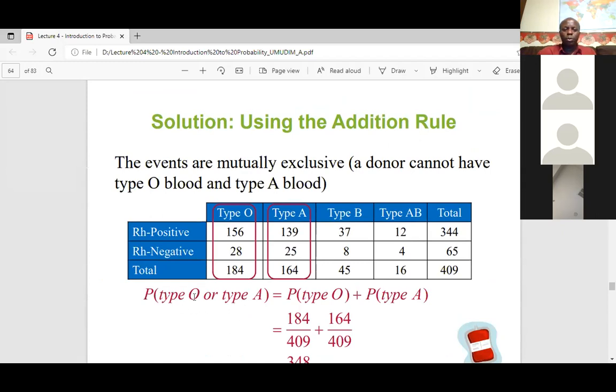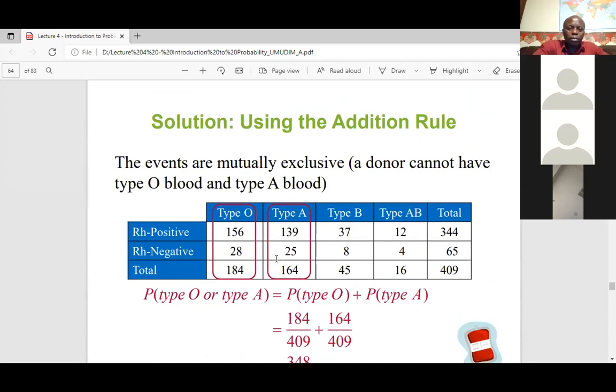So the probability of type O or type A, this is type O, this is type A. You can see that they have no connection, because either you are type O or you are type A. So we say that they are mutually exclusive. They cannot occur at the same time.